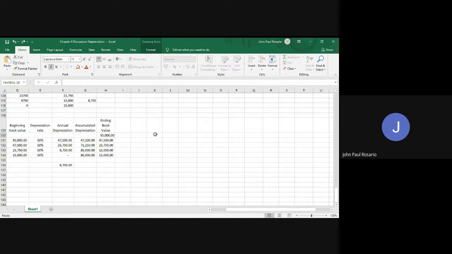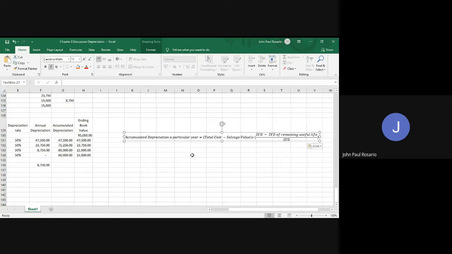The accumulated depreciation for a particular year can be obtained by multiplying our original cost by 1 minus depreciation rate, and then you have to raise that to the power of, I think you have to, yeah.